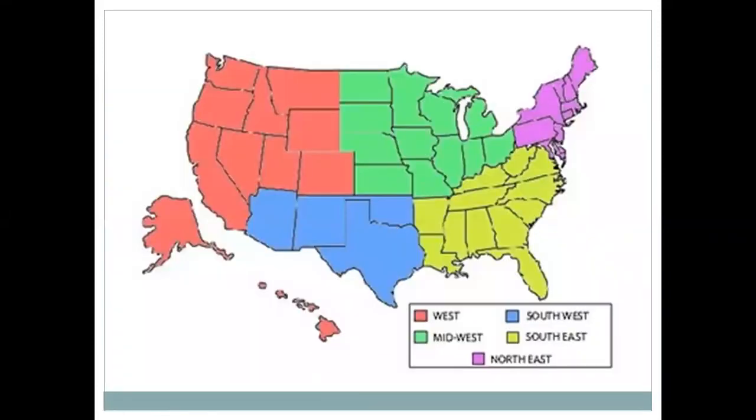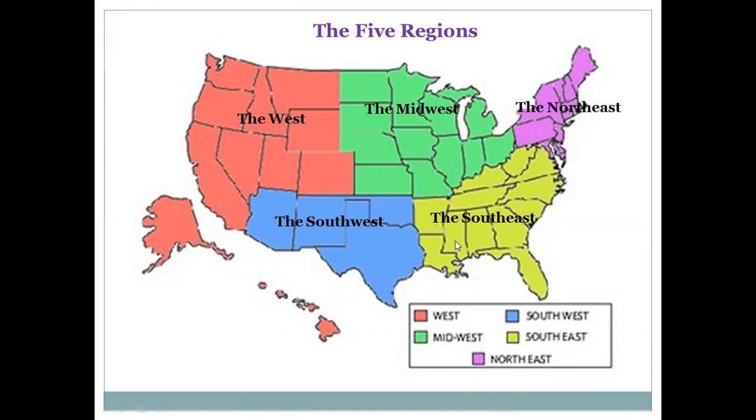And here are the 5 regions of the United States. I hope you still remember this. First we have the West, the Southwest, the Southeast, the Northeast, and the Midwest. We're going to learn about this area, which is the Midwest.